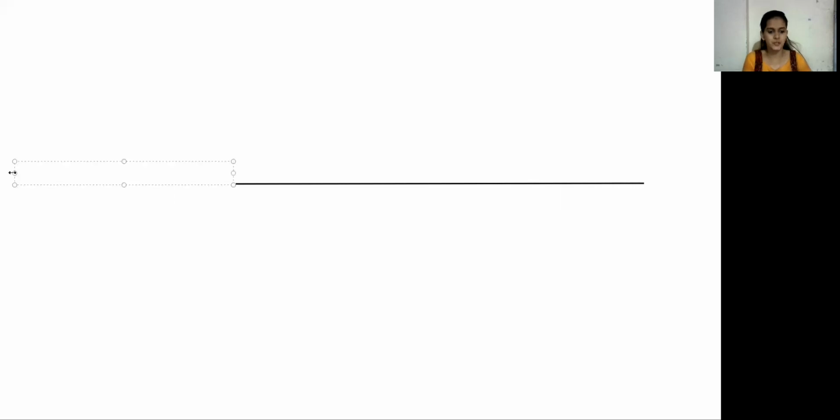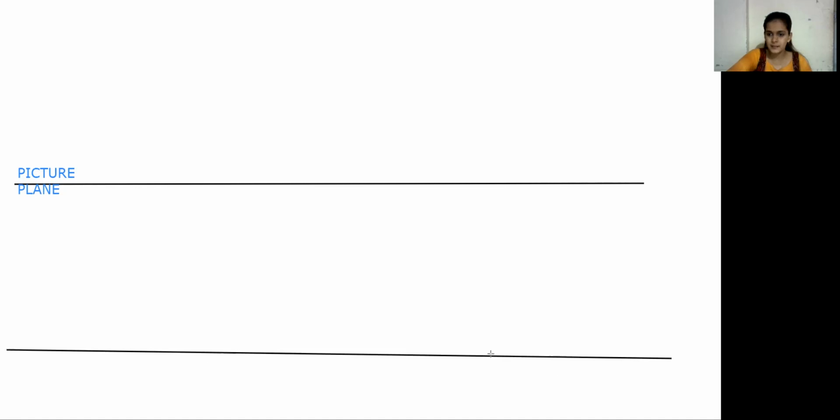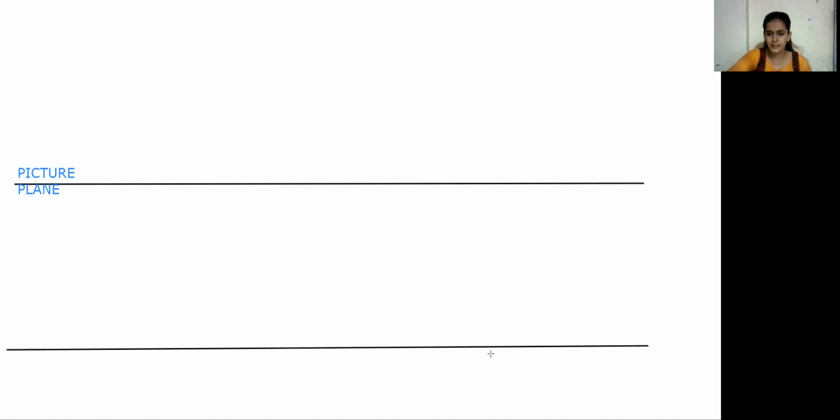The plane on which perspective view appears is known as picture plane. Then, leaving some space, draw another horizontal line, that is ground line, the intersection of ground plane and picture plane.